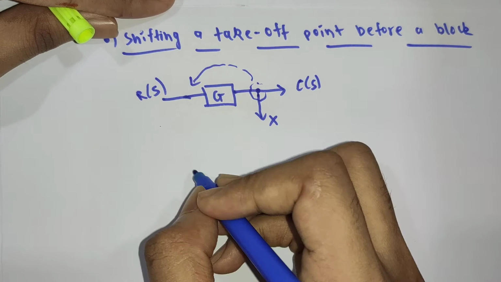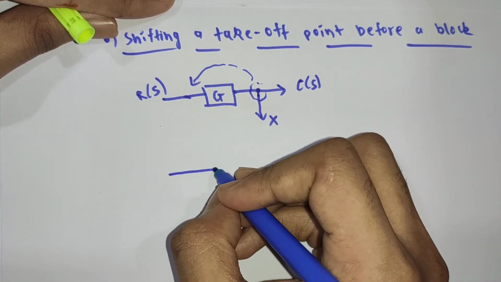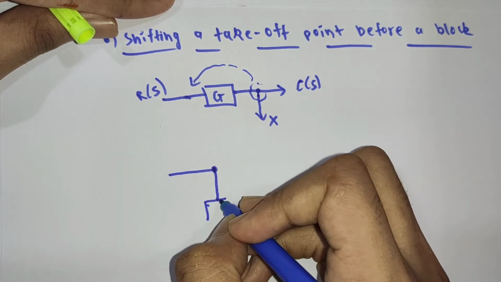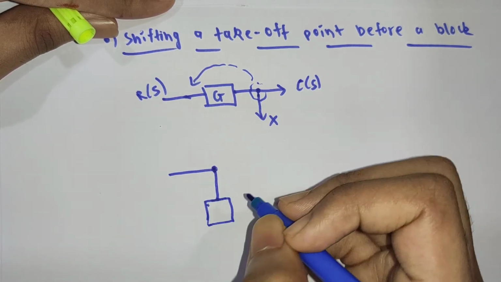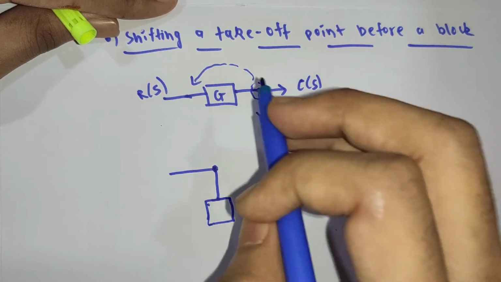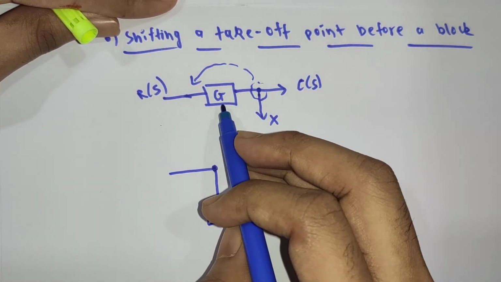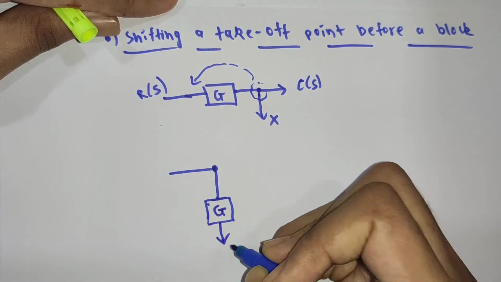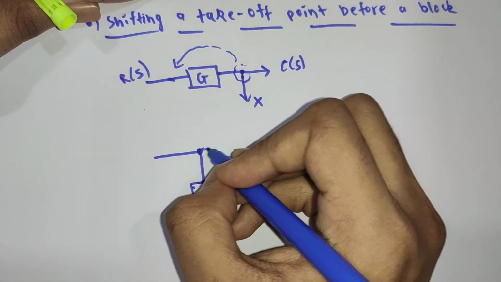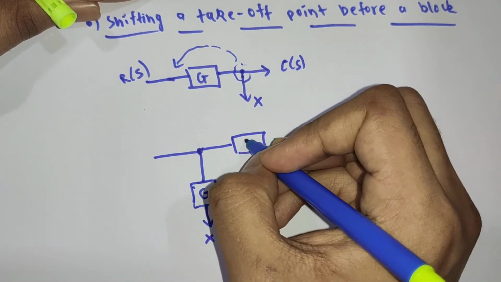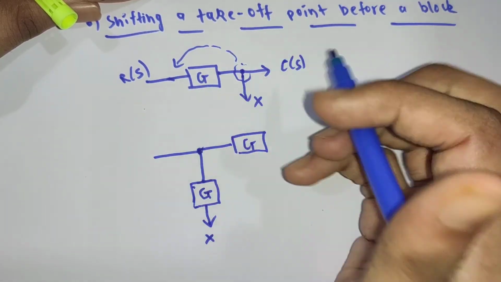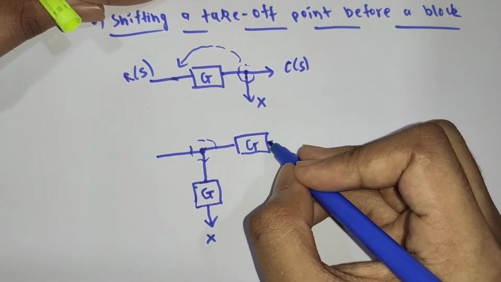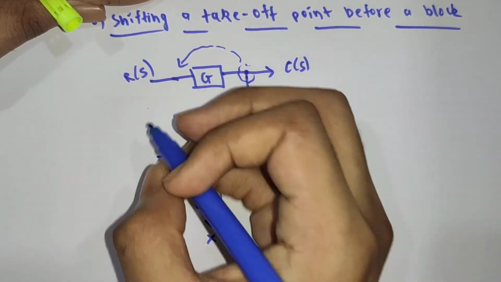To shift it, I do it by multiplying the feedback gain by the gain of the block. Here the gain is G, so I will multiply the feedback loop by G if I want to shift it, and here will be this block G, and this point has now been shifted here, and the output C(S).